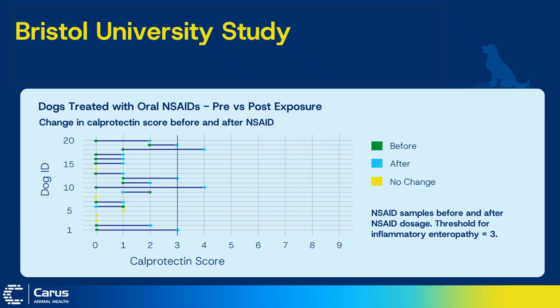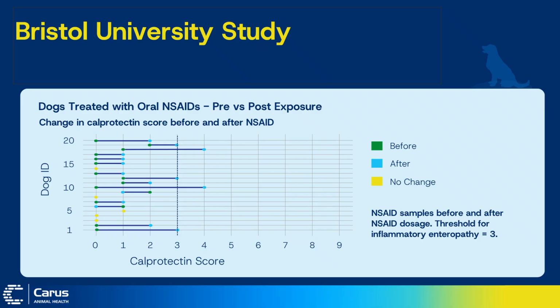And again, it's how do we interpret these? The one that's gone from 2 to 3, that is still over the limit, but it's just a 1 kind of level increase, versus that dog that's on the line of 10, started at a 0 and went to 4, so very much within the inflammatory enteropathy arena after just those 2 weeks.